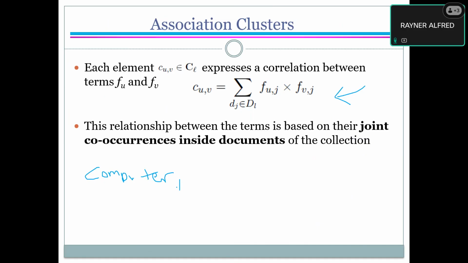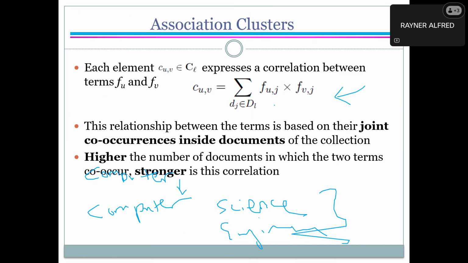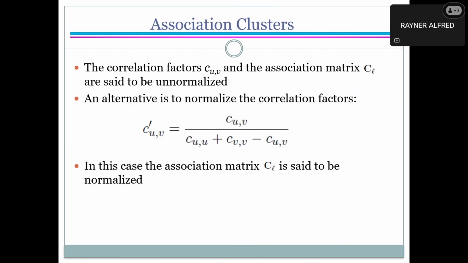From computer, they expand to computer science because they always come together, right? And also computer engineering. Okay. So how do we get this? They are all obtained using the term correlation. Based on this calculation, they look at the value that we have here. The value here will determine how strongly they are correlated to each other.